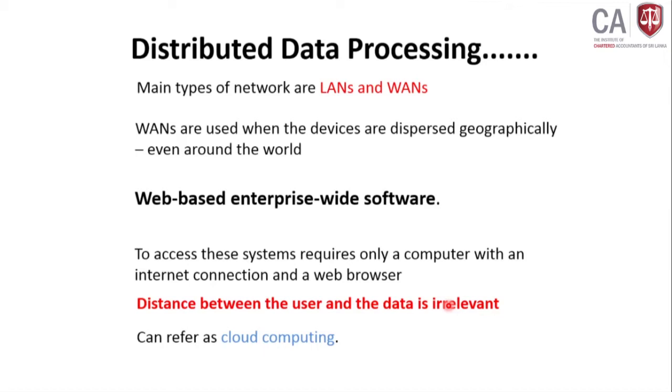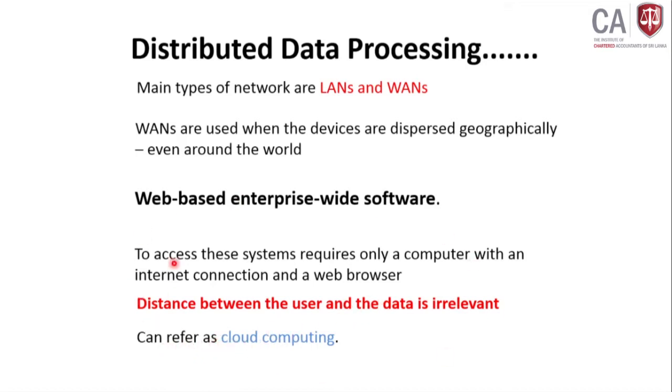Distance between the user and the data is irrelevant, because if you have the internet, you can be connected. In the question paper, all of these things can be referred to as cloud computing.